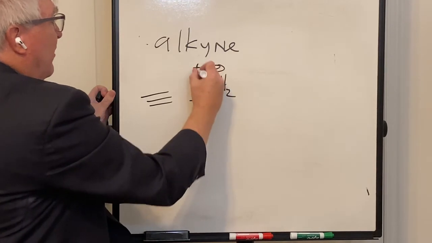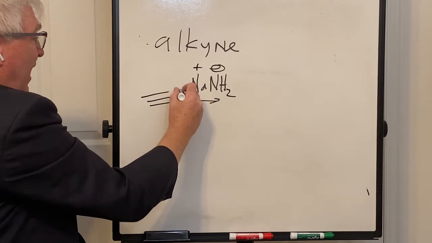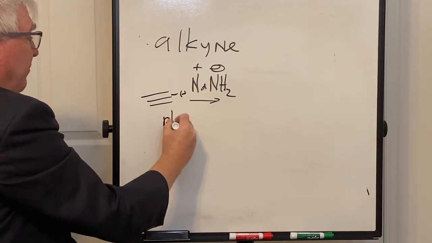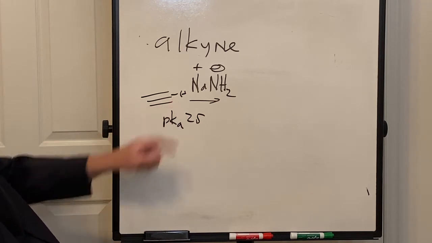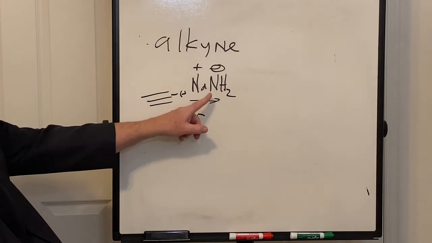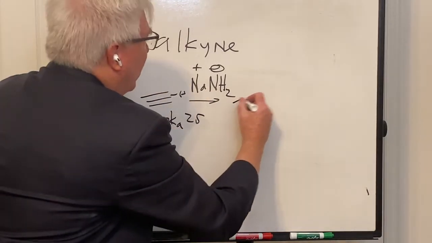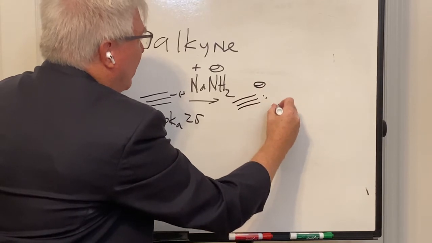So the pKa of ammonia is what? 38. It's very high. The pKa of a terminal acetylene is 25 because of the high s character of that sp hybridized carbon. So 1 equivalent of base here can convert the alkyne into the anion. Okay.